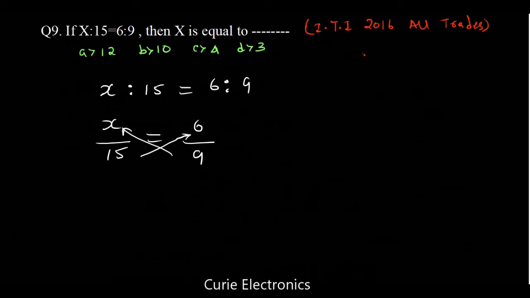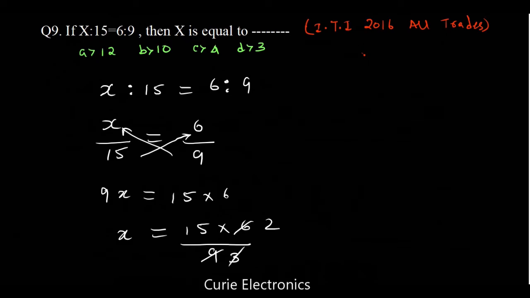This cross multiplying is simple. 9x equals 15 multiplied by 6. x equal 15 multiplied by 6 upon 9. This is 3, 2, 5 times. So x equal to 10. Now the option we have, what is the x value? x value is equal to 10.